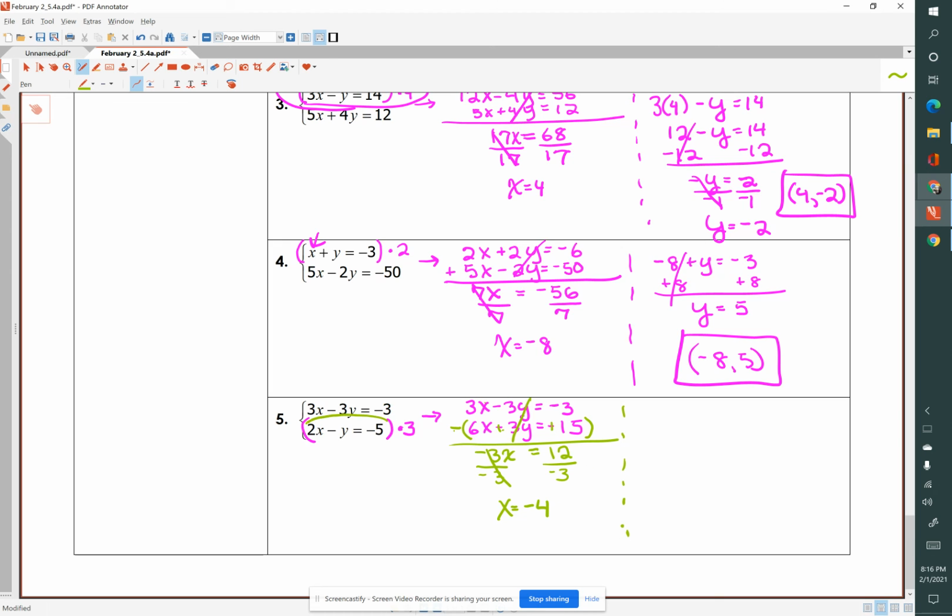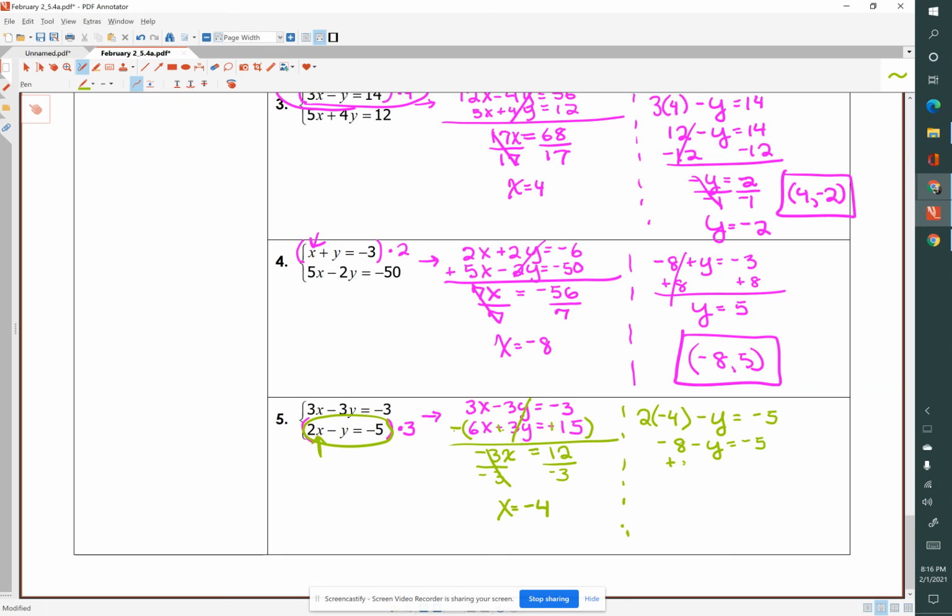I'm going to use the second equation. It looks a little simpler. So I will substitute the x with a negative 4. 2 times negative 4 minus y equals negative 5. So 2 times negative 4 is negative 8, minus y equals negative 5.